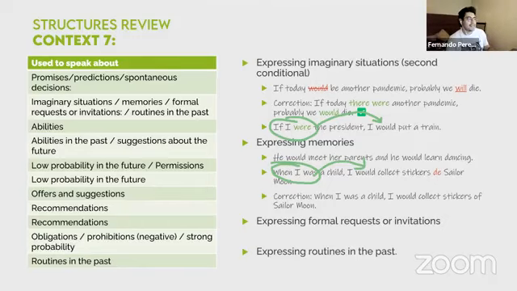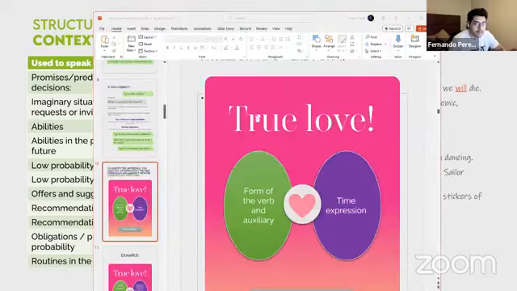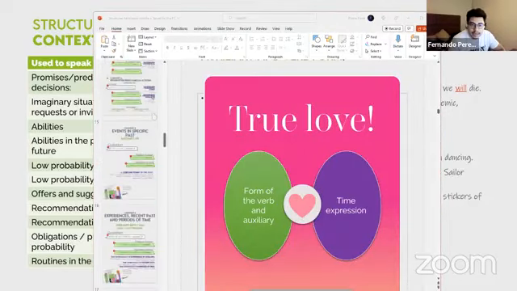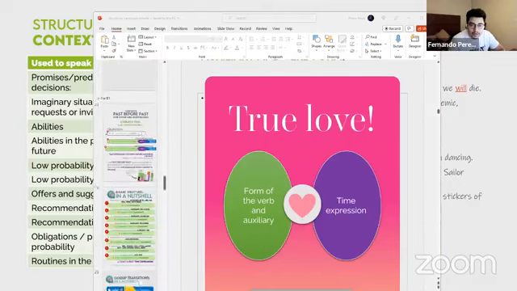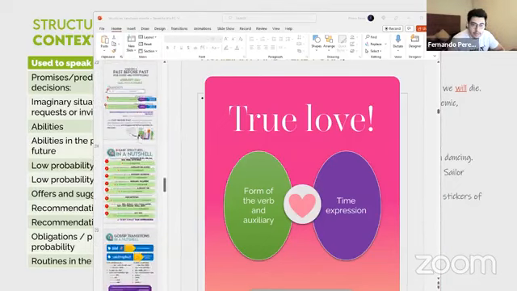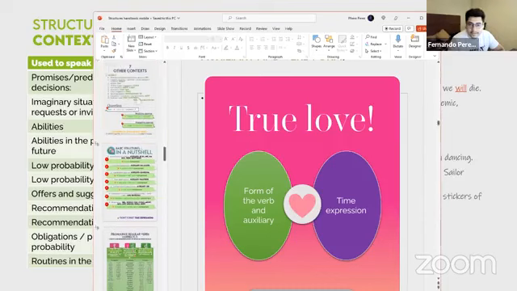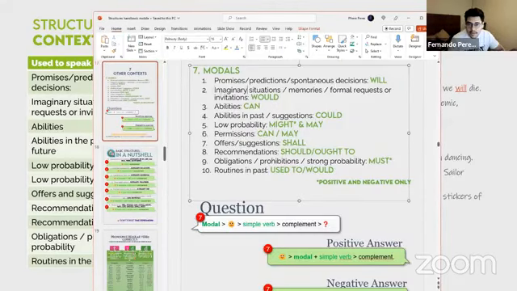Now that we can check the difference on conditionals, we should be important in the handbook. Structures, and in this handbook, we should add that when you are talking about would, structure number 7, imaginary situations, let's collocate 2 asterisks.